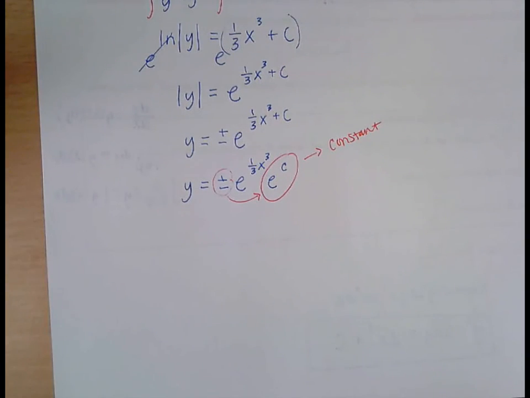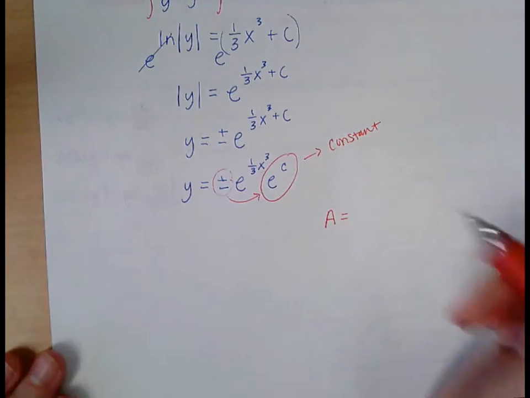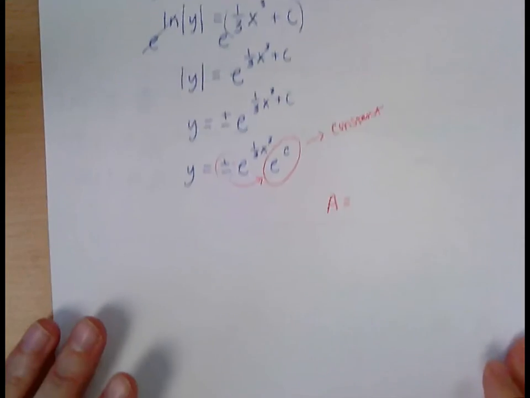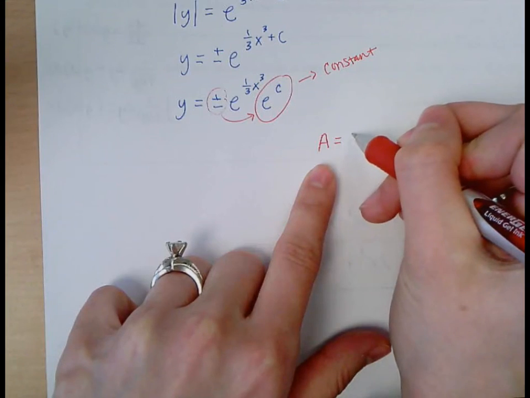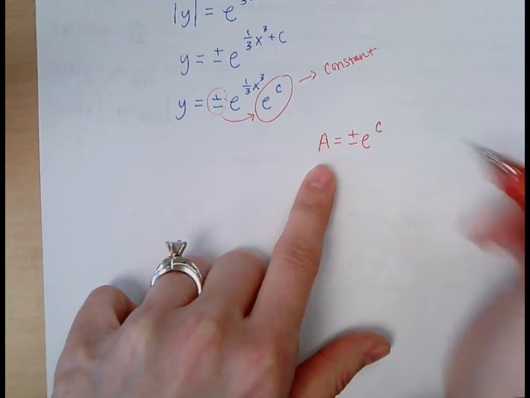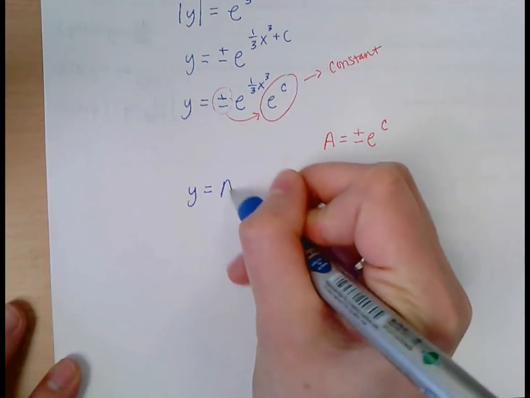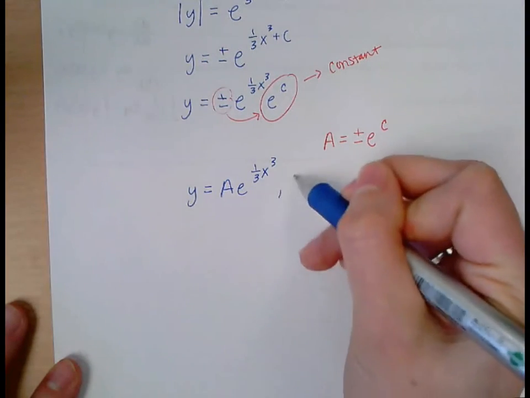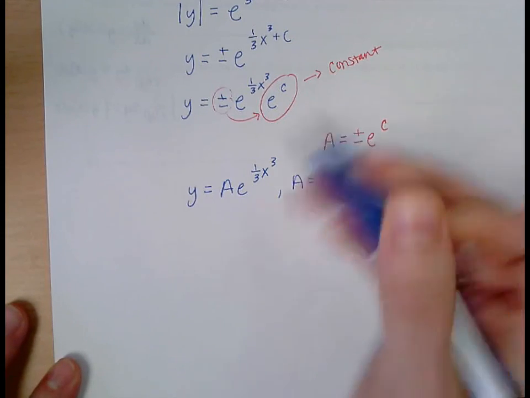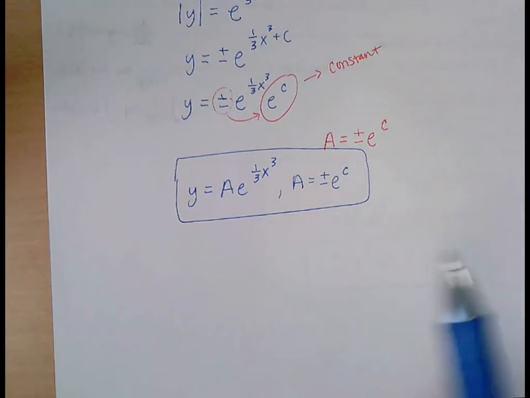So what you might see them do is say, I'm going to let, and they usually use the variable capital A, I don't know why, but you could use whatever you wanted, A represent plus or minus e to the c, because then I can write my solution as y equals A times e to the 1/3 x cubed, where A is plus or minus e to the c. Okay, so just showing you, when you check an answer and it's written like this, where that A came from.